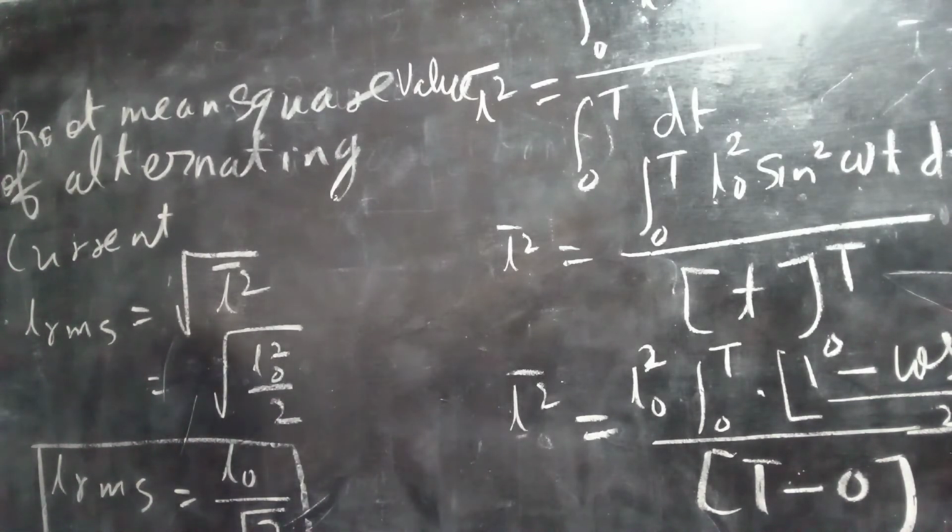Similarly we can prove that VRMS, the root mean square voltage, is equal to peak voltage upon root 2.